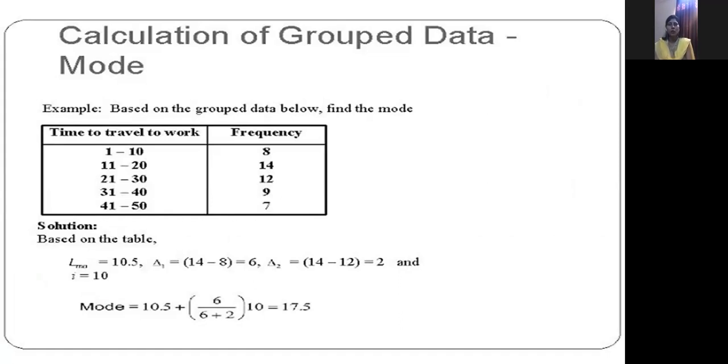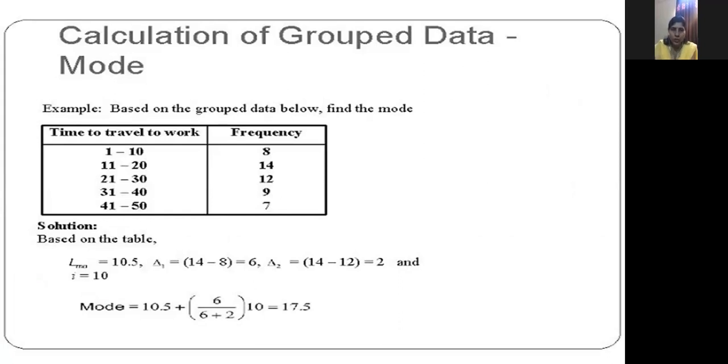Let's understand how to find the mode of grouped data. For grouped data, first of all, we check the class which is given. After fixing the class intervals, we start calculating the mode with the help of the formula.